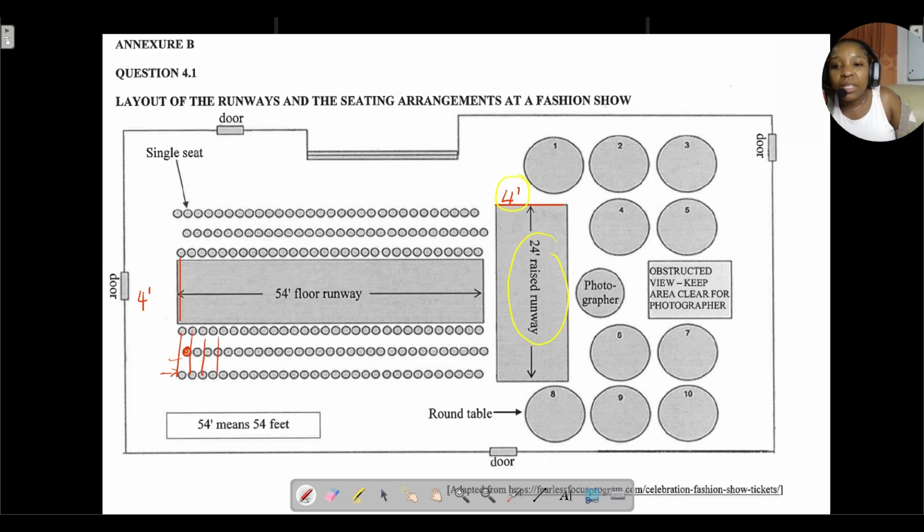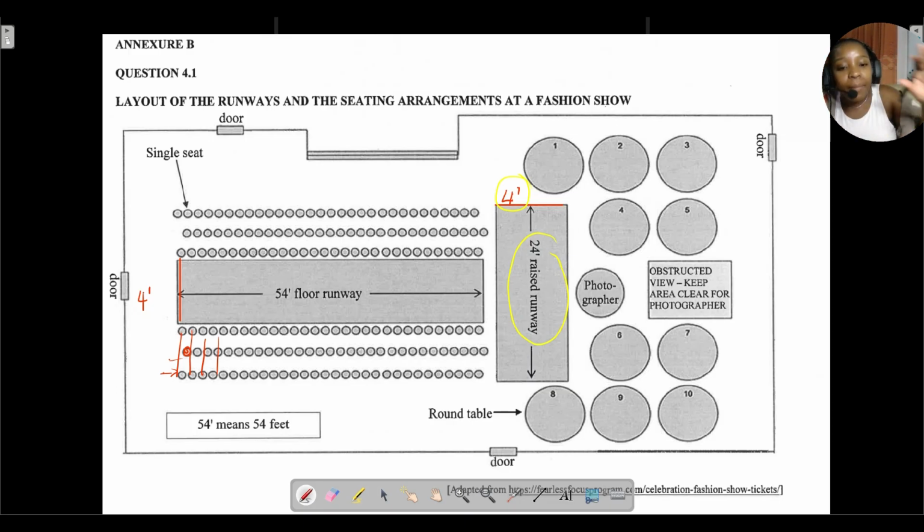Based on what I think, they've arranged it like that so that the second row seaters can see the stage properly without their view being obstructed by the first row seaters. Also, so that the third row seaters can see what's happening on the stage without their view being obstructed by the second row seaters.